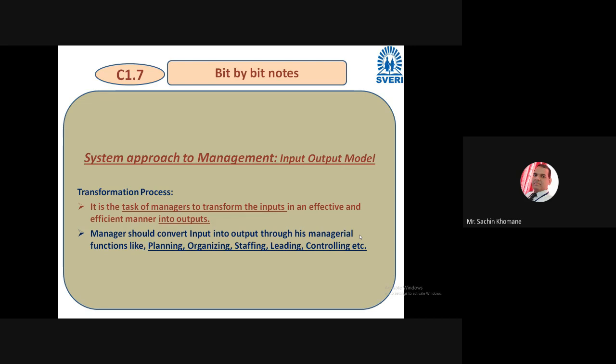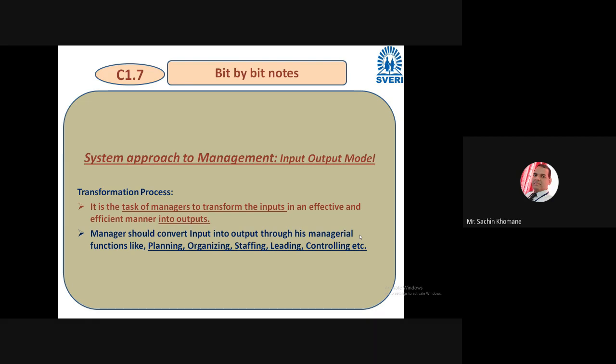Not only the manager, yes, the manager is responsible, but in his organization he may have many more subordinates also, right? But this transformation process is the major role of the manager. The manager has to manage it, right?